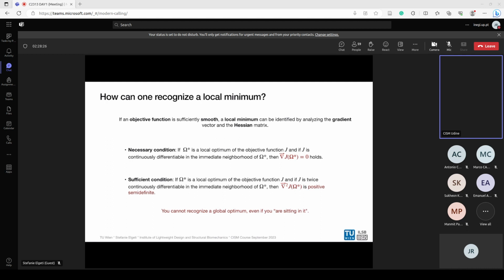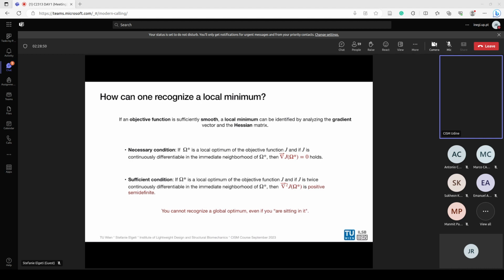So we have the necessary condition that if omega star is a local optimum for objective function j, then the gradient of j is equal to 0 at omega star. And furthermore, we have the sufficient condition that the Hessian is positive semi-definite at this point.